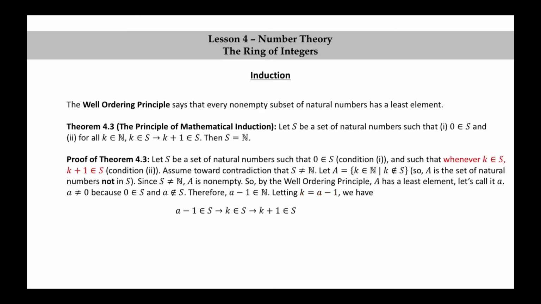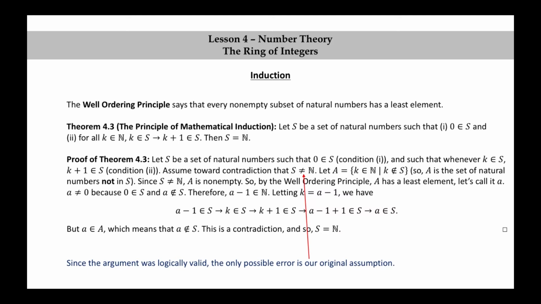It follows that k plus 1 is in S. Again, by substitution, a minus 1 plus 1 is in S, and that's equal to a, so a is in S. But little a is in A, which means that a is not in S. This is a contradiction, and so S must be equal to the set of natural numbers.